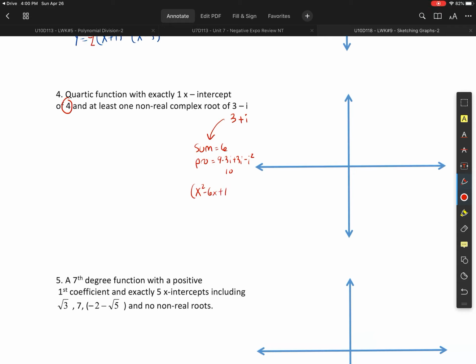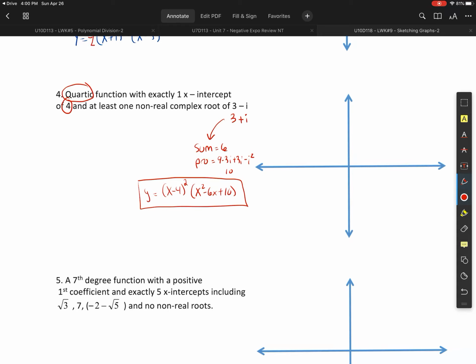So we got x squared minus 6x plus 10 for this. Key thing, quartic. So what does that mean? Gotta have 2 4s. Always gotta make sure we have the correct degree based on what the problem's saying.